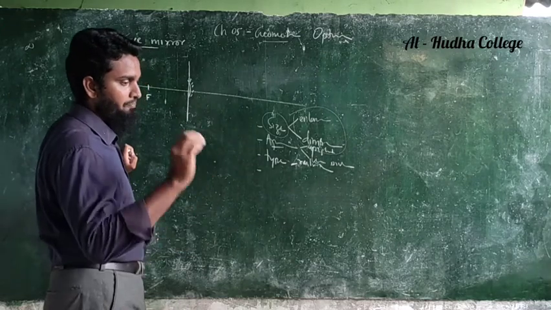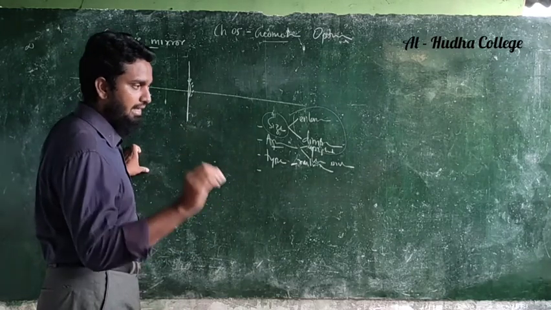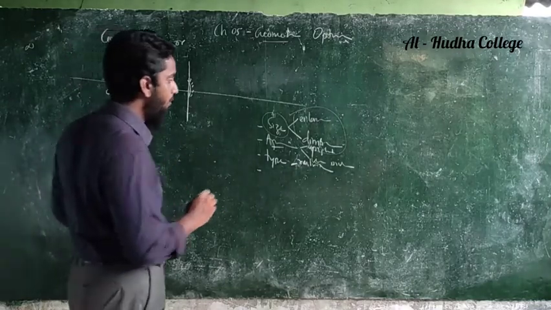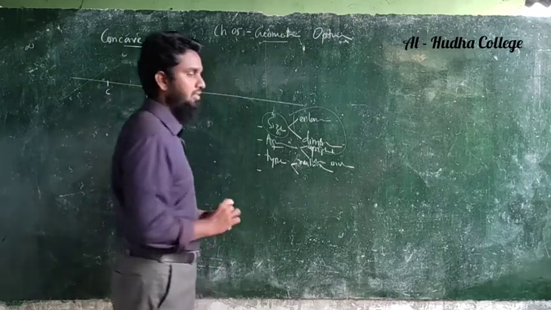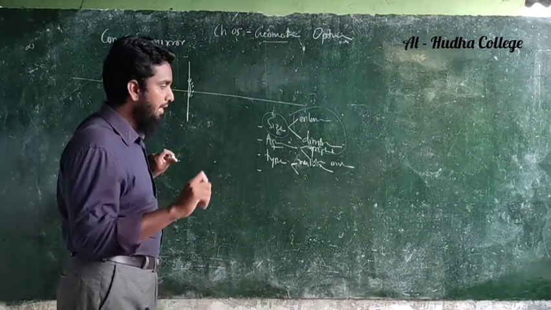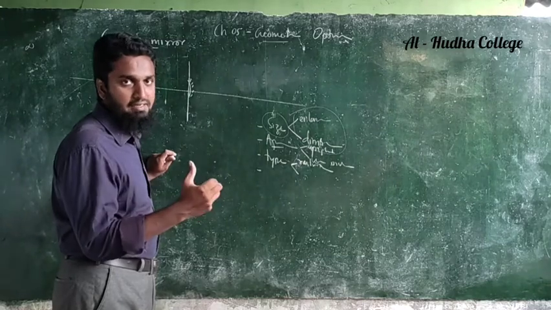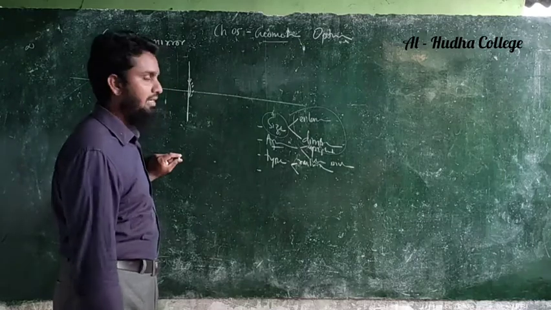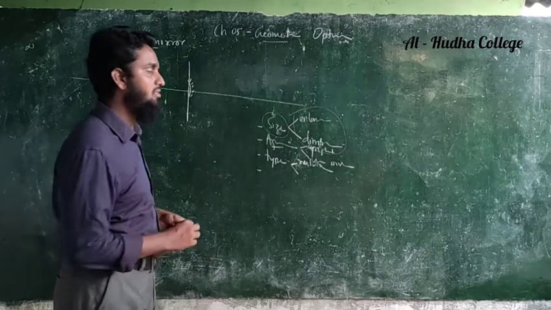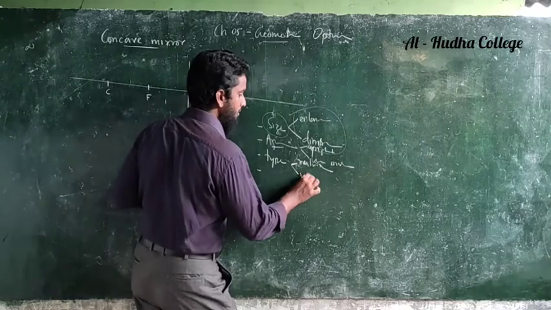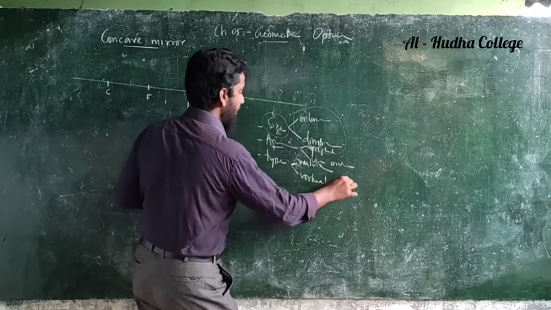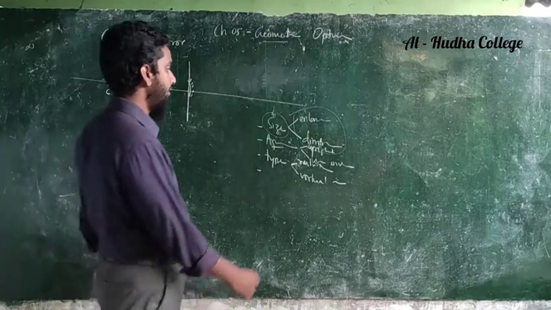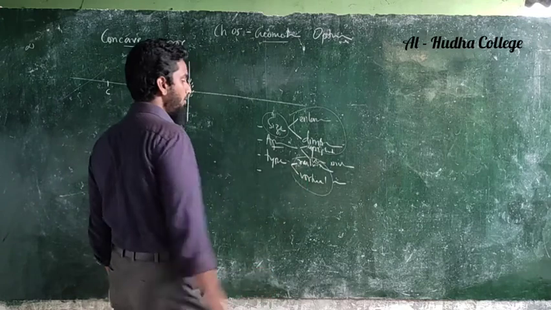If you obtain an image which cannot be obtained by real rays, but you consider some lines to obtain that image, then that image is known as a virtual image. That is the type. It can be a real image or a virtual image.